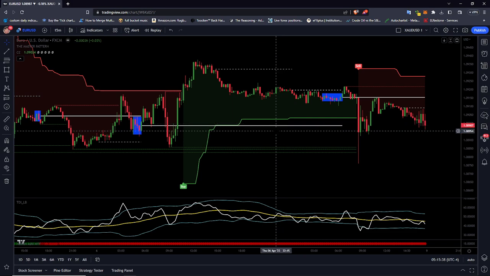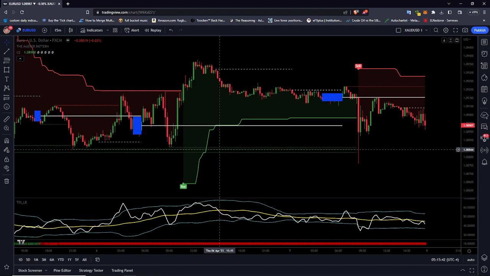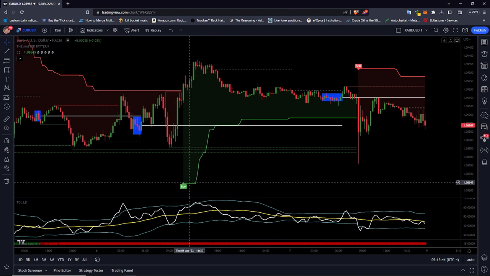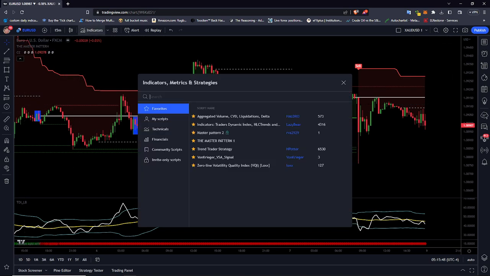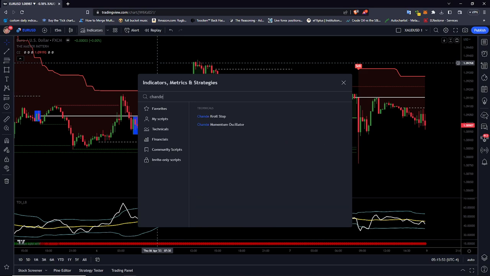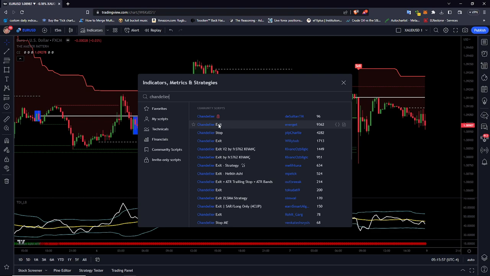I just wanted to show you an indicator that I discovered here, which is quite similar to that Super Trend indicator. This one here is called Chandelier Exit. It's this one here, okay?